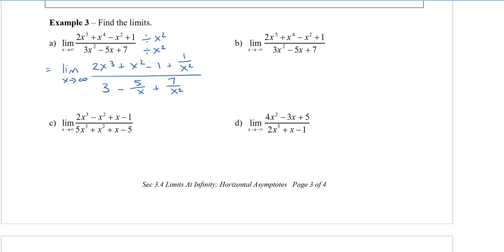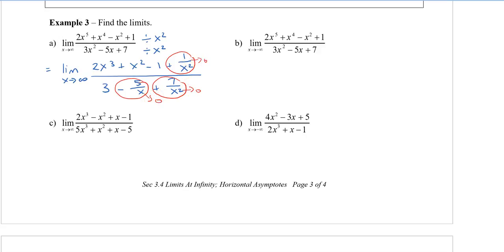As I mentioned before, any of the terms with x squared on the bottom, as x approaches infinity, will become 0, and so will the 7 over x squared. So all of these become 0.